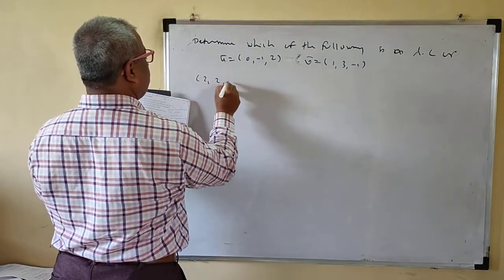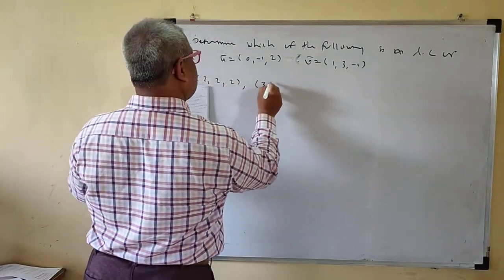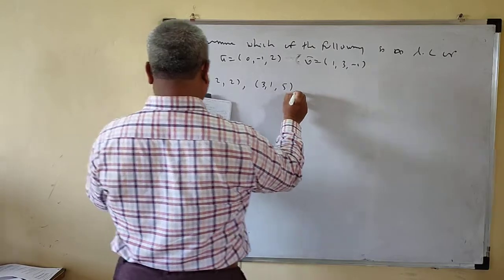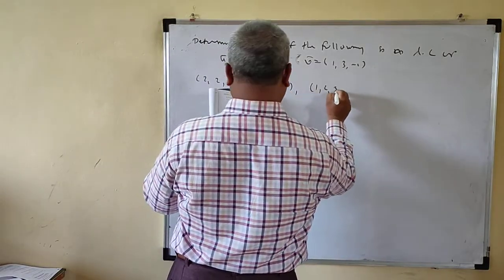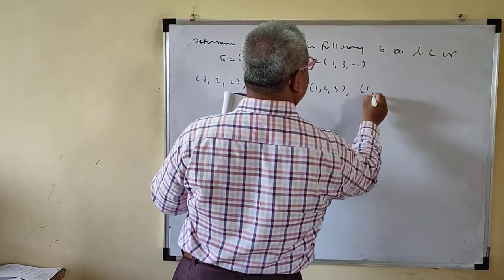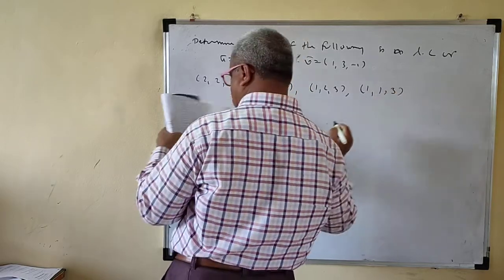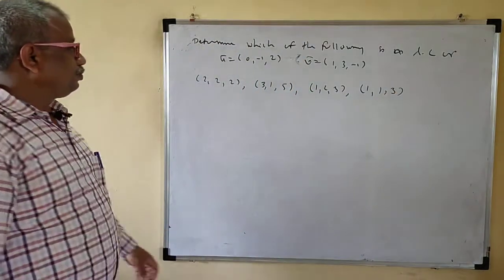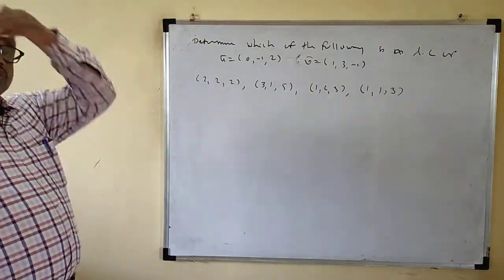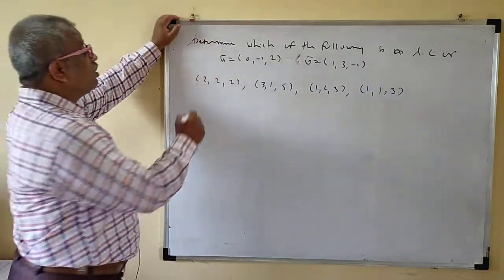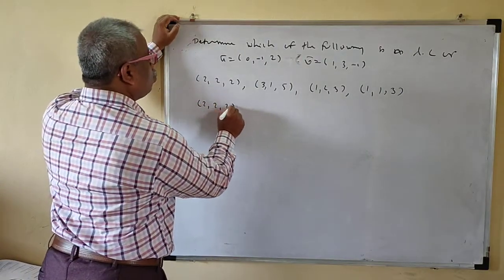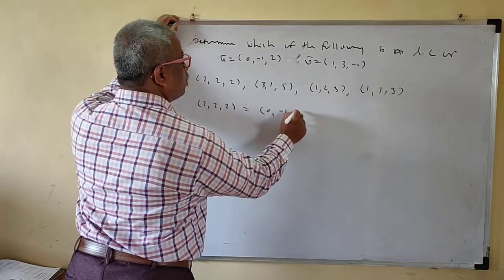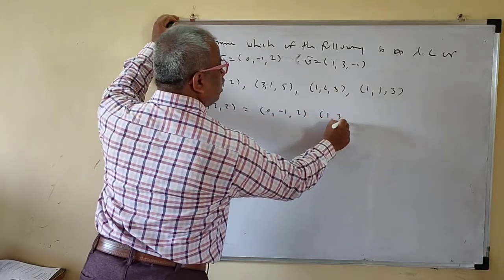So the options given to you are (2, 2, 2), (3, 1, 5), (1, 2, 3), (-2, -1, 3), suppose. You have to choose which is the linear combination. Take (2, 2, 2) equal to a combination of (0, -1, 2) and (1, 3, -1).